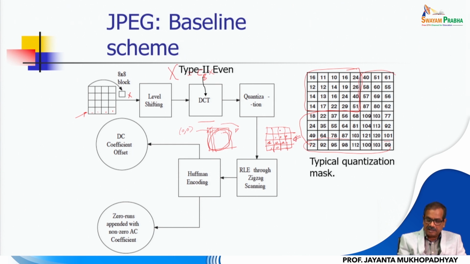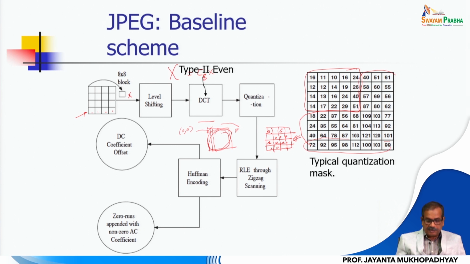It is not 0, 1, there could be some other value, say 3, 6, but there would be many zeros in this array elements. So, this we encode first by serializing these array elements into a sequence.